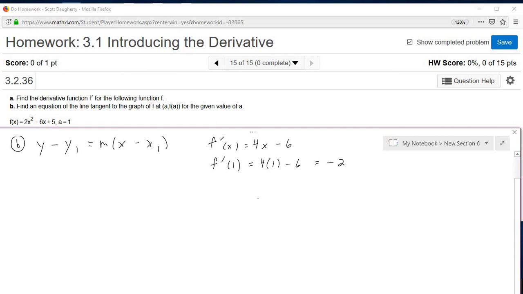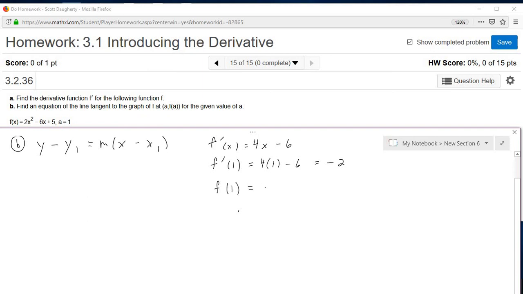Okay, and now the other thing we have to find is a point on the line, x1, y1. Well, we know the x value is 1 because they tell us to evaluate the tangent line when a is 1, but we don't know the y value. So to find the y value, we're just going to plug 1 into the function. So we're going to find f evaluated at 1.